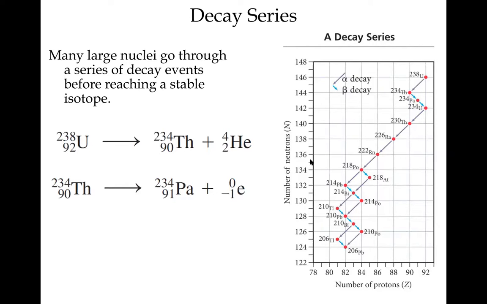But if we look at uranium-238, for instance, so, oops, sorry, annotate, there we go. So if we look at uranium-238, it's got 92 protons and then 238 nucleons.